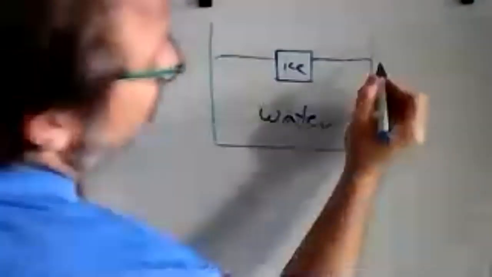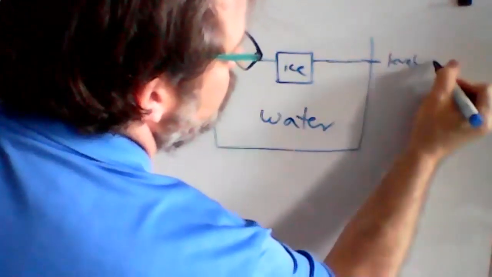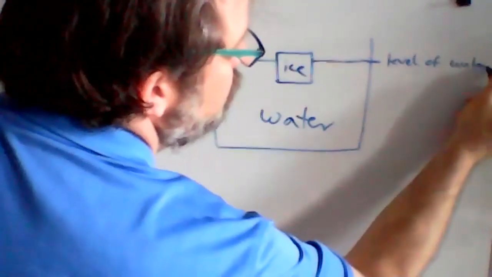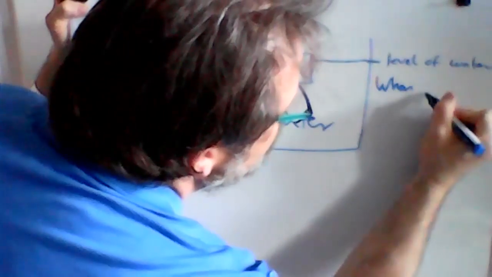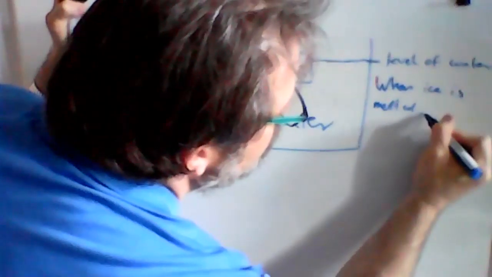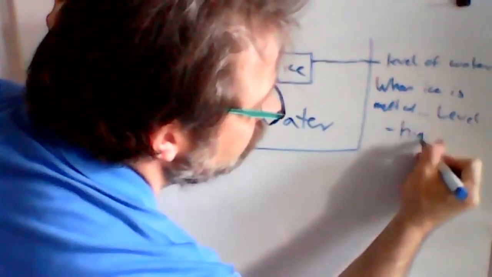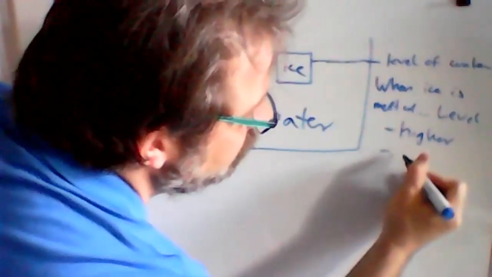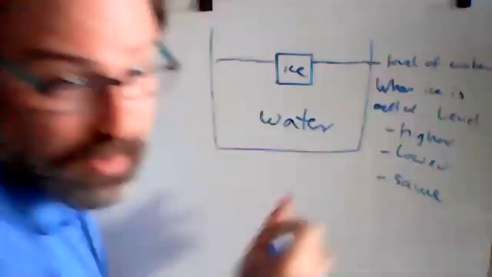So later on, we've got the level of water here. And the question I have for you is this. When the ice is melted, is the level higher, lower, or the same?